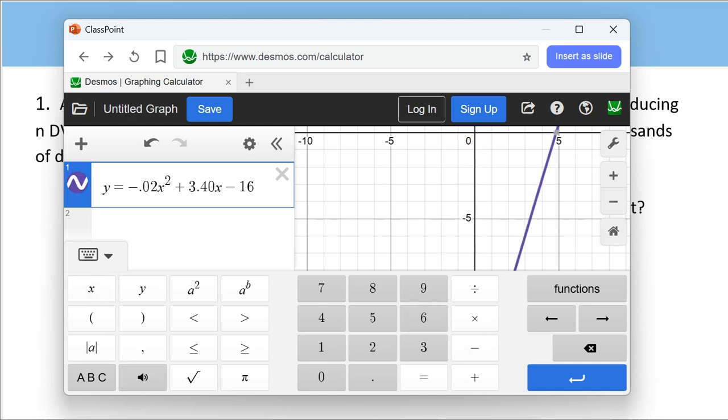Right? I know they used P and N, but for this to work on Desmos and on your TIs, we got to change it to y equals on the left side, x on the right side.